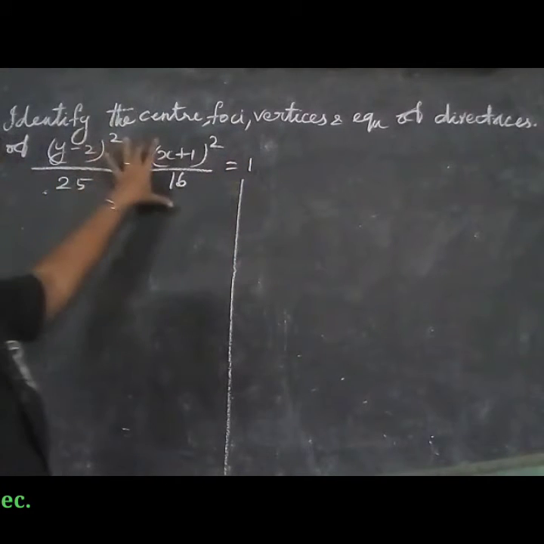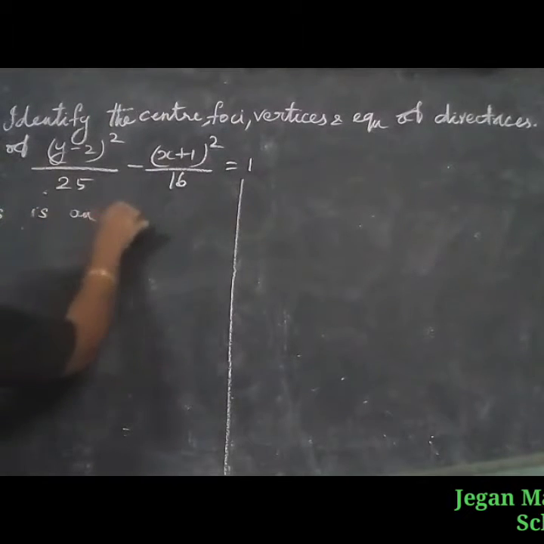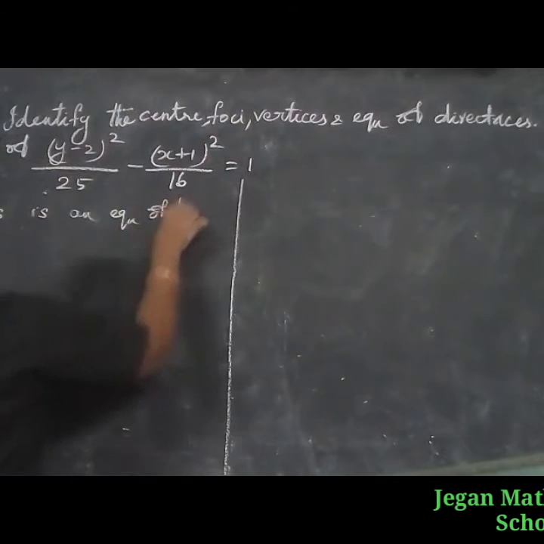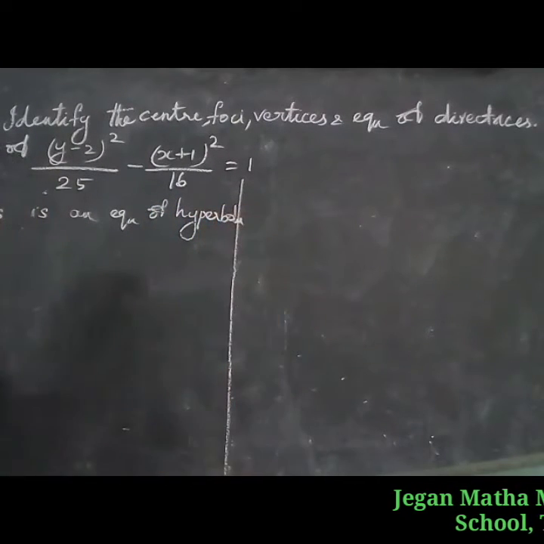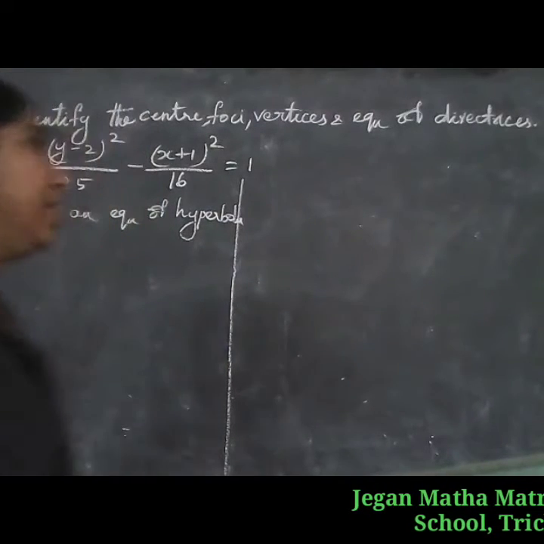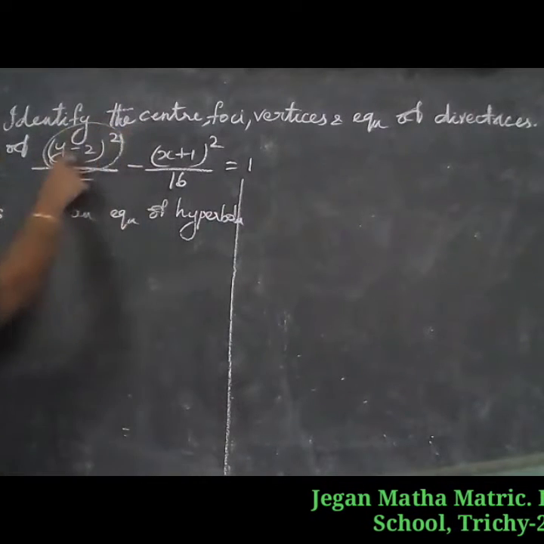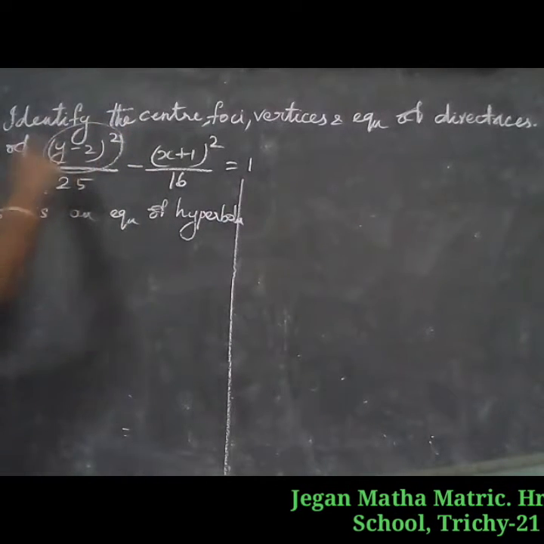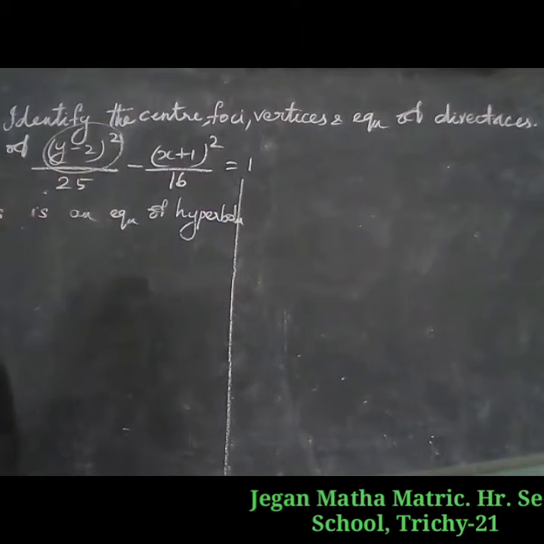So from the equation itself we can identify this is the equation of hyperbola in which the transverse axis is along the y axis. Since the first term is given as (y minus 2) the whole square, this part only will decide whether the transverse axis is along the x axis or y axis.